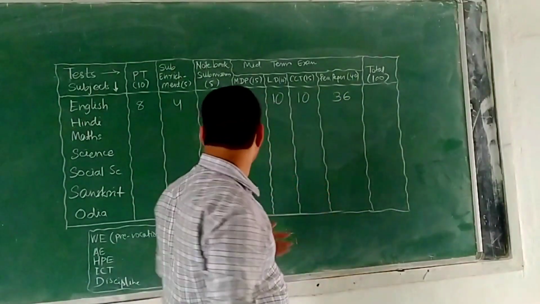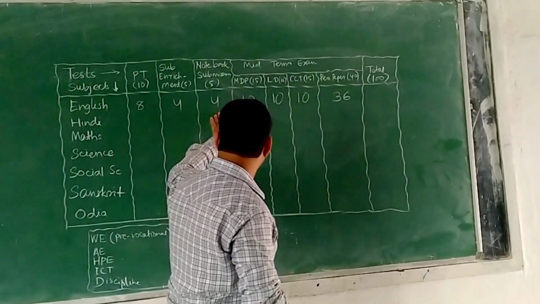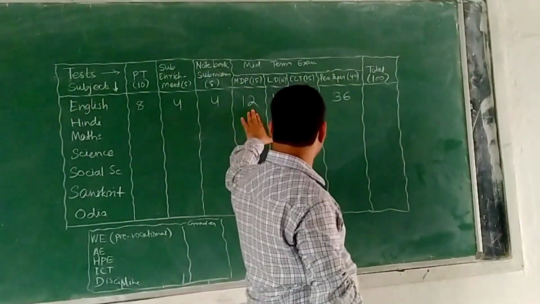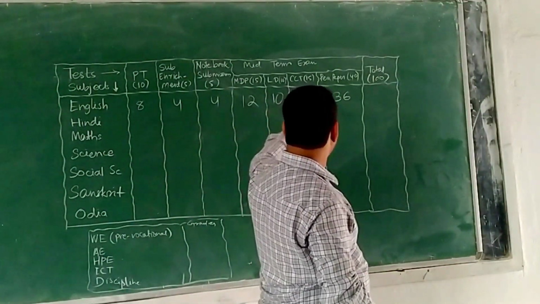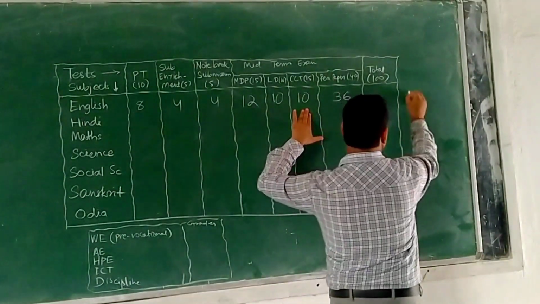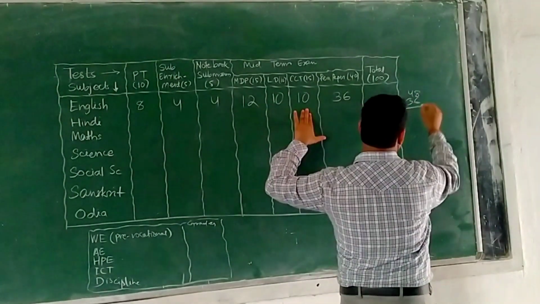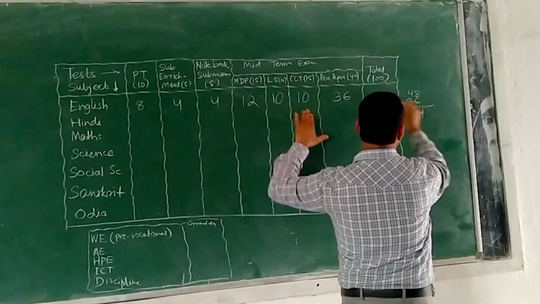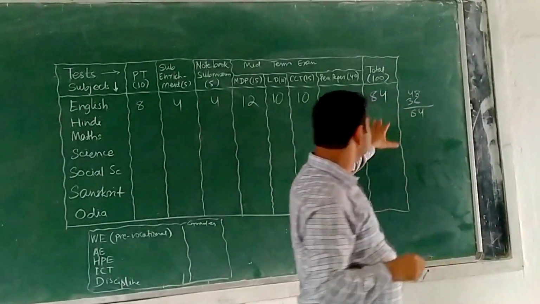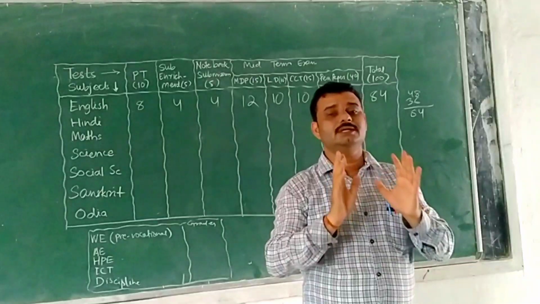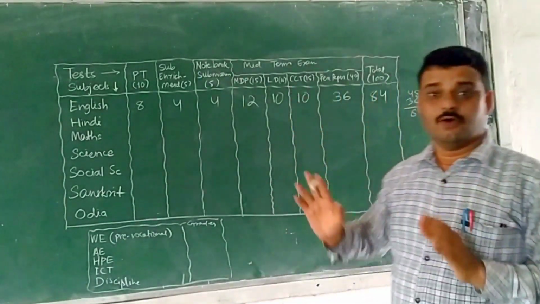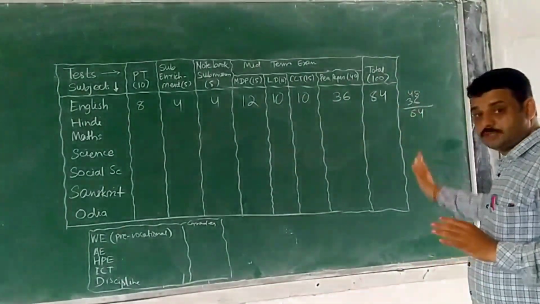So what it adds up to is 12, 16, 28, 38, 48, and 36, 48 and 36 is 84. So your score in English becomes 84 in the term 1 part of your assessment structure.